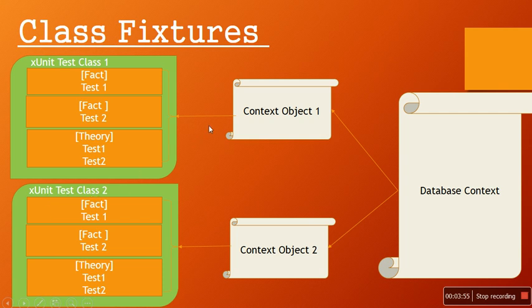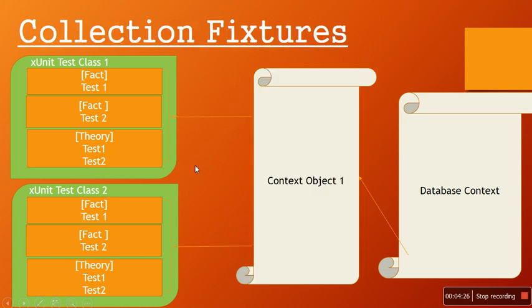This context object will be shared between these tests. So the class fixture contexts will be shared with the multiple test methods inside the test class. I hope it is also clear.